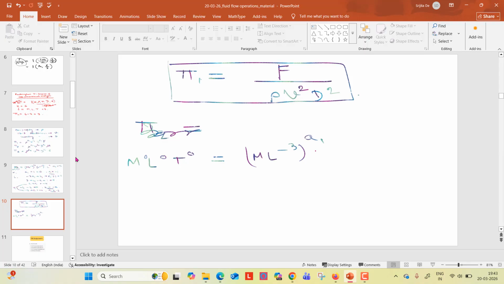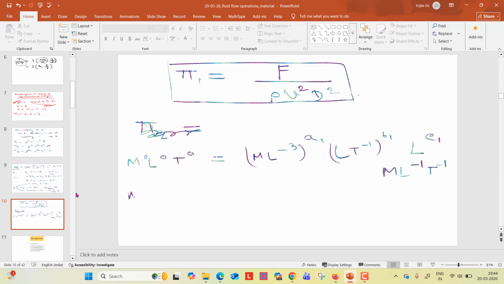Then comes L T to the power -1 to the power b1. Then for diameter it is L to the power c1. Then for mu we have defined earlier M L to the power -1 T to the power -1.